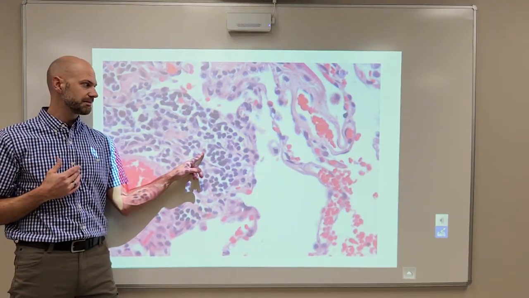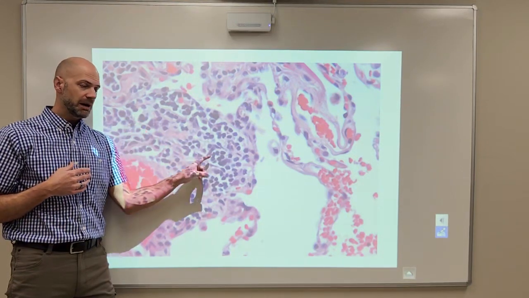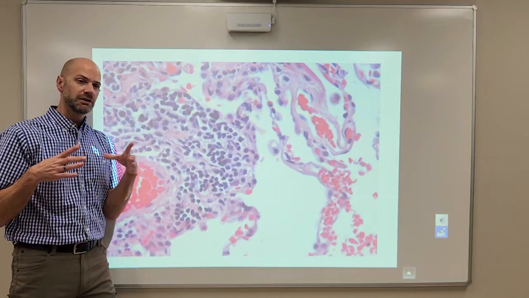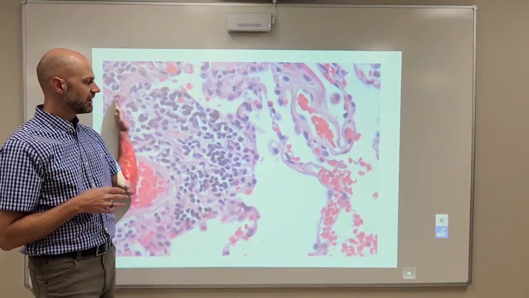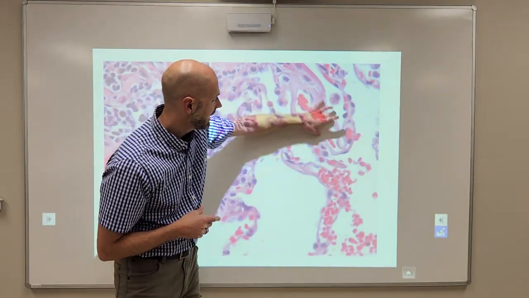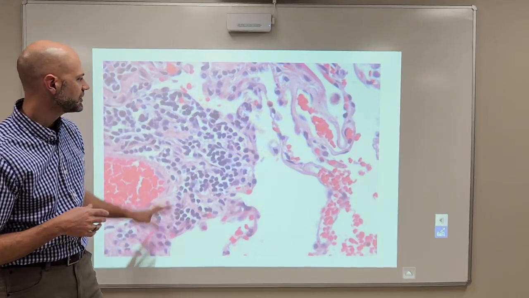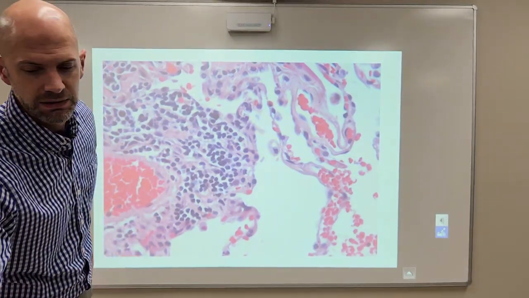Lymphocytes have a prominent blue stain, large nucleus with respect to the cytoplasmic volume. So these are all lymphocytes. And then we have some scattered, here's probably a part of the capillary here. So very quickly you can tell the difference between different cell types just based on color.